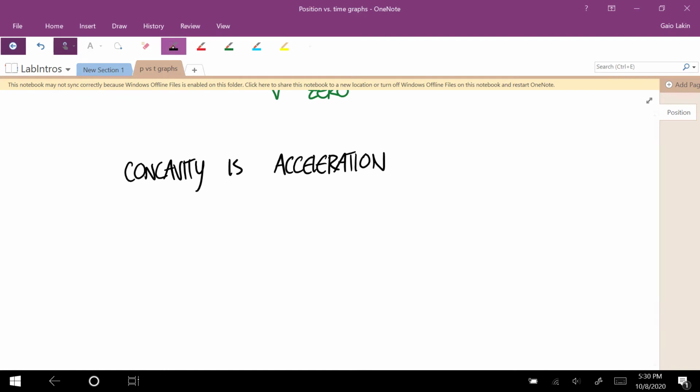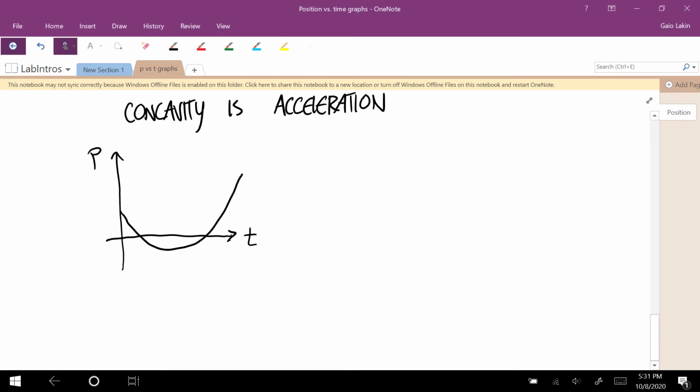And so, for example, if you have a position versus time graph that looks like this, that's concave up. And so this graph over the whole thing represents a positive acceleration.